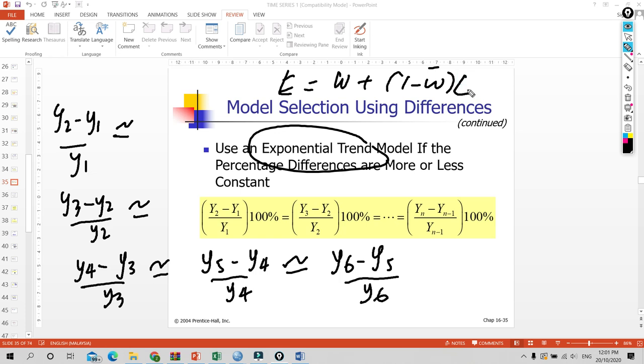You can check the formula here. It's not wrong here, there is Xi. Okay. So we can use the exponential trend model. So this is how to decide which trend model to use if we are given a set of data.